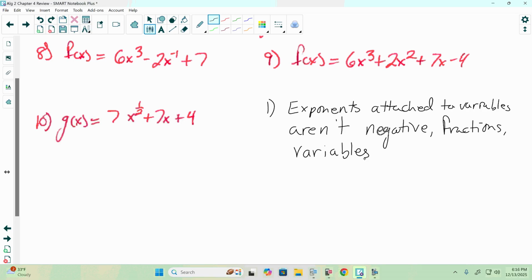The exponent can't be negative, it can't be fractional, it can't have variables in the exponents.